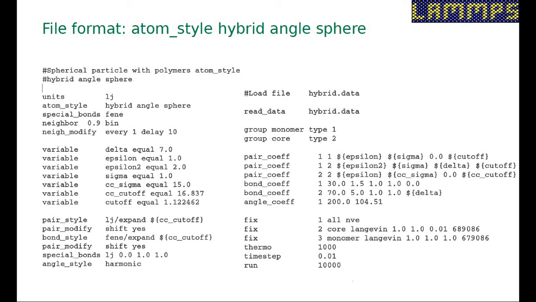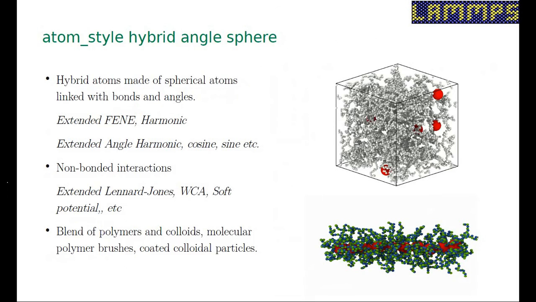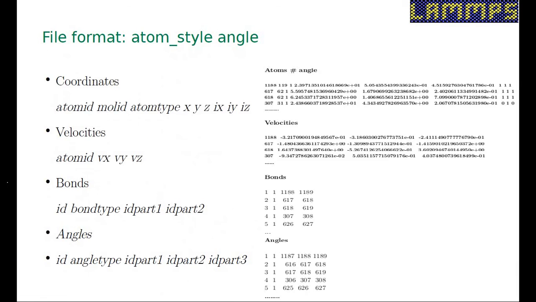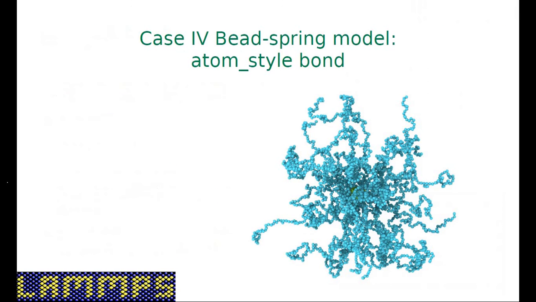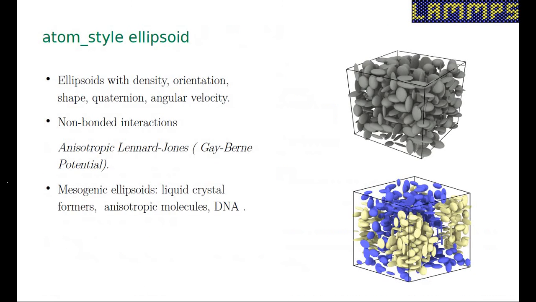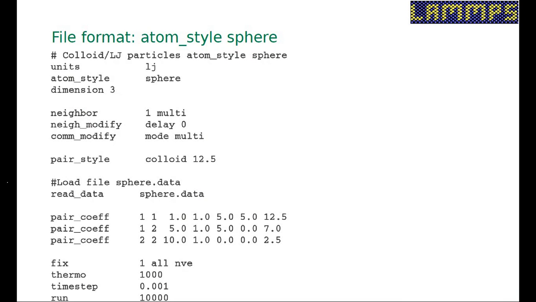Right. The complicated issue about these systems is the construction of the data files. For some very simple examples like a sphere or atomic systems, the construction of these files is very straightforward because they can be treated as point particles.